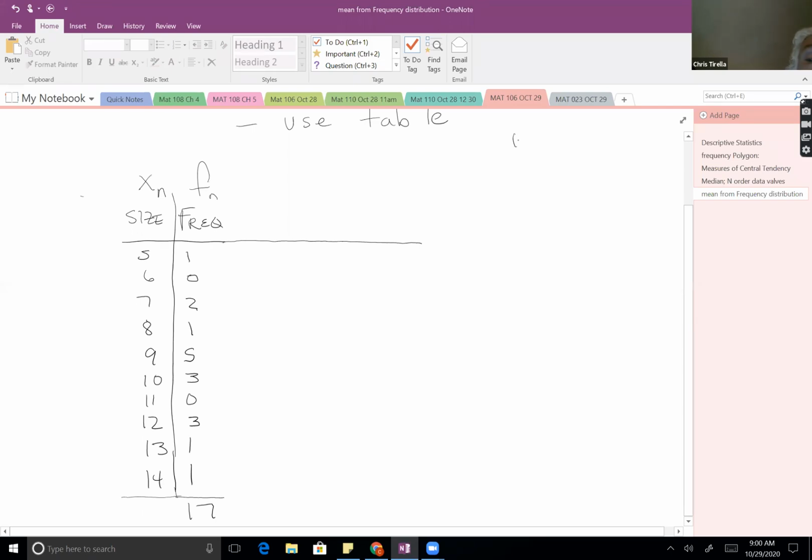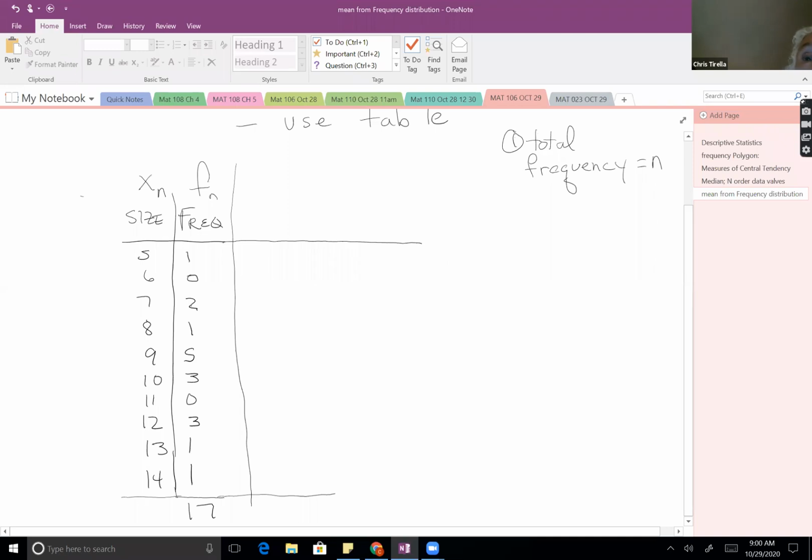And so the first thing that I'm going to do is I'm going to total my frequencies. And that's going to be N. Second thing that I want to do is to take into consideration that only one person had a 5. But if 2 people had a size 7, wouldn't those 2 7s, 7 and 7, add up to 14?